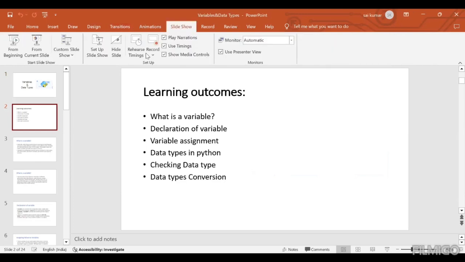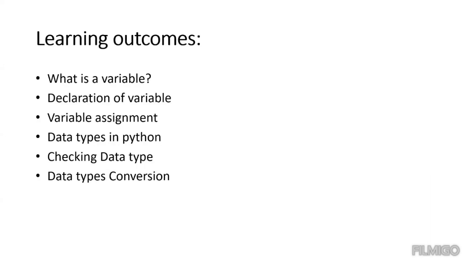We'll start the slideshow. The learning outcomes are: what is a variable, declaration of a variable, variable assignment, data types in Python, checking data types, and conversion. From this class, we will cover what is a variable, declaration of a variable, and variable assignment.